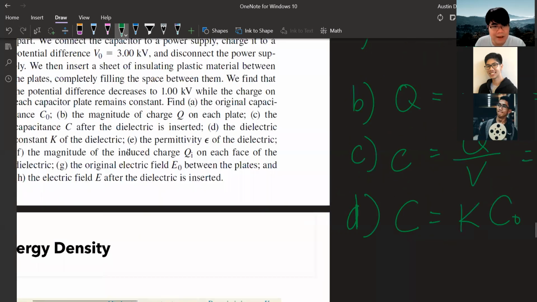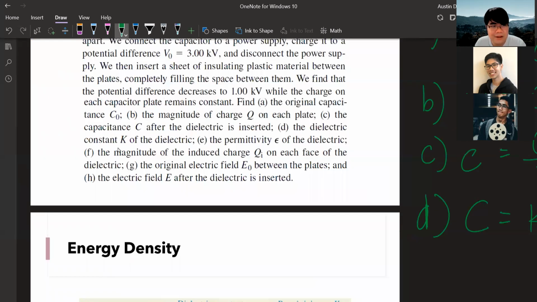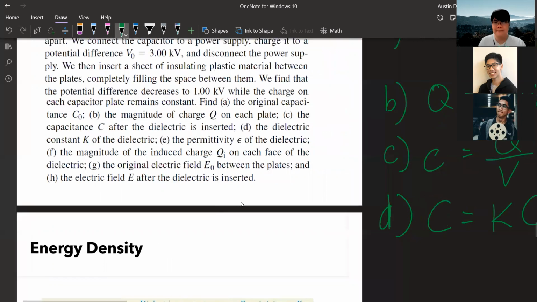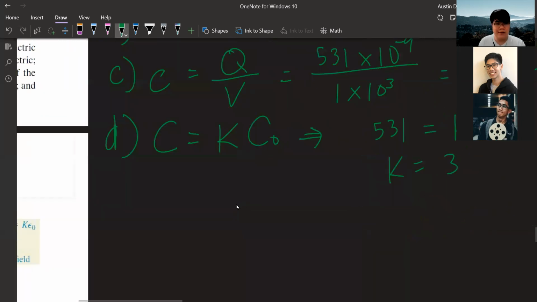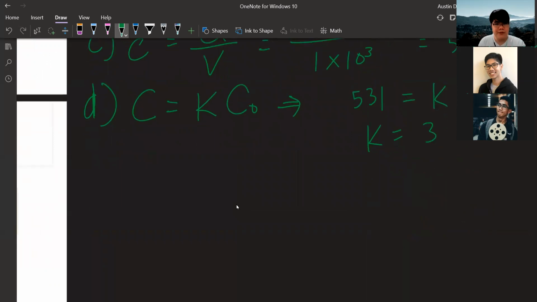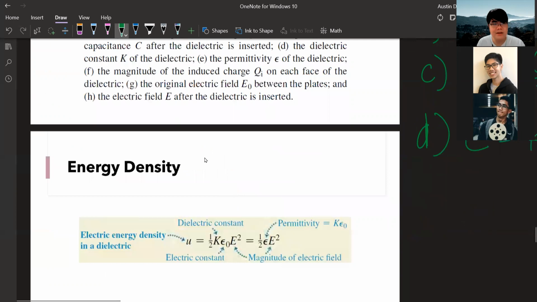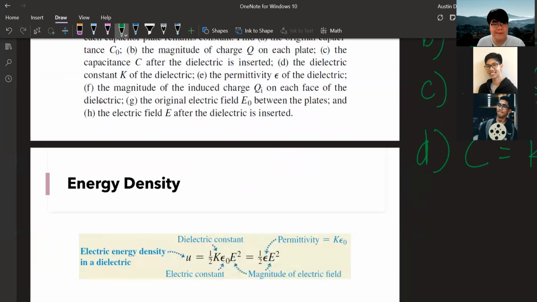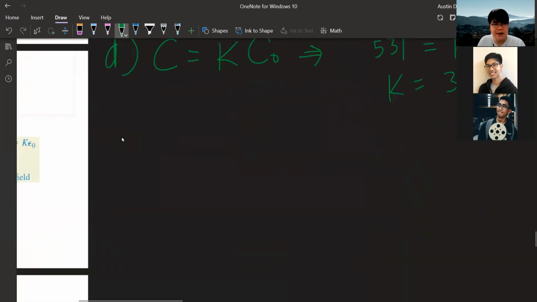Next would be F. Okay, ito parang bago to. The magnitude of the induced charge Qi on each face of the dielectric. Okay. So, that is, ano letter yan? G? I, F pala. Sorry. So letter F would be asking Qi.